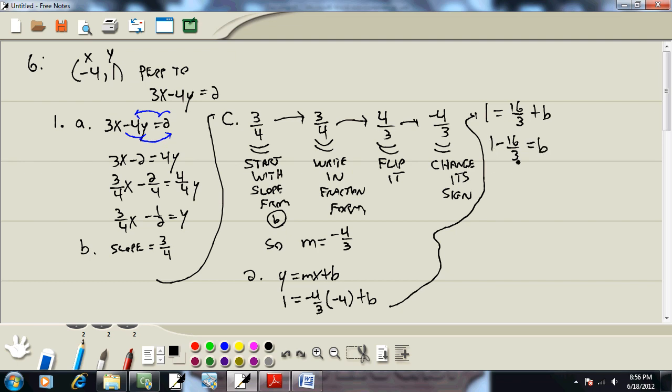This is a mixed number. I'll take 1 times 3 is 3, add the negative 16, that gives us negative 13/3. And that's b. And step 3, write our answer down. So we plug in m we found in step 1, which is negative 4/3, and plug in b, which is negative 13/3. And that's our answer.